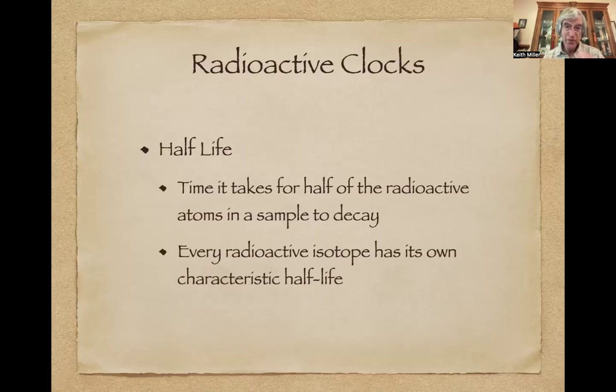Every radioactive isotope has its own characteristic half-life. Some are extremely short, just fractions of a second, and others are literally billions of years. So there's a huge range in what the half-life is.